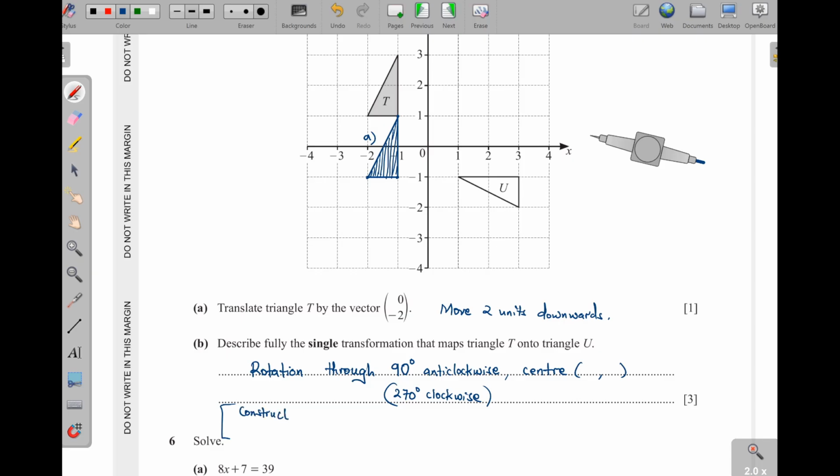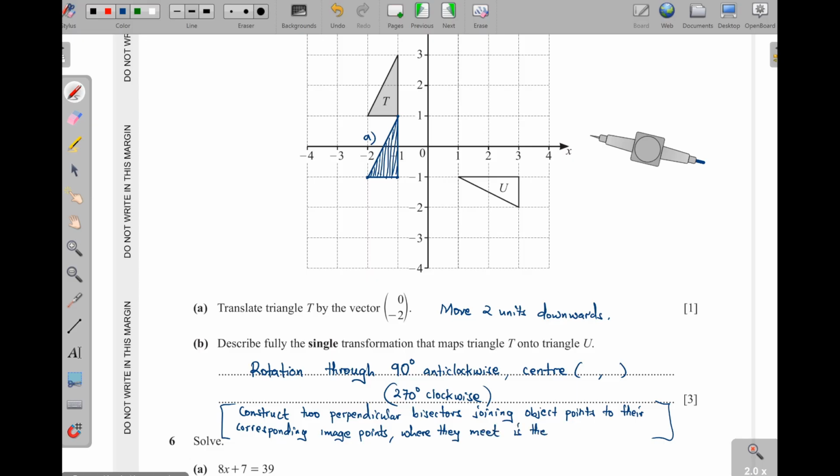Construct 2 perpendicular bisectors joining object points to their corresponding image points, where they meet is the center of rotation.